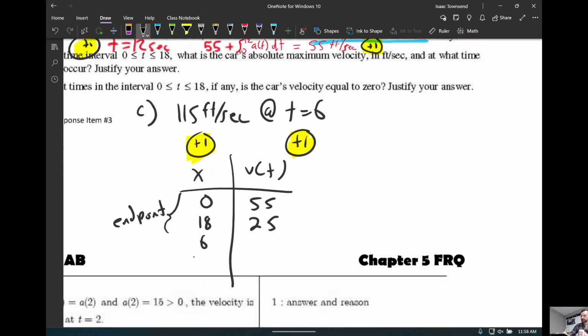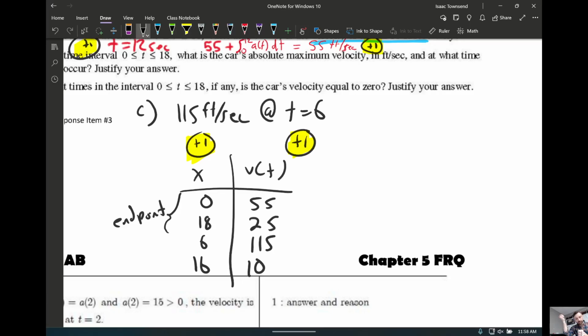So at 6 and 16, what was the speed at 6? I'm sorry? 115. 115 and 16. 10. Okay, so the other 2 justification points, again, you can flip the page if you want to read it, but I'm reading it to you.